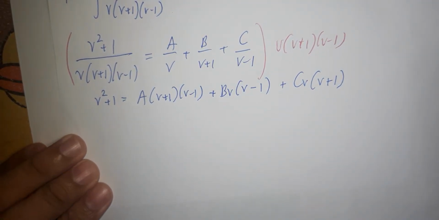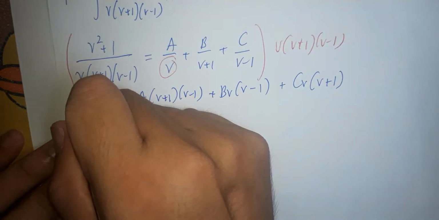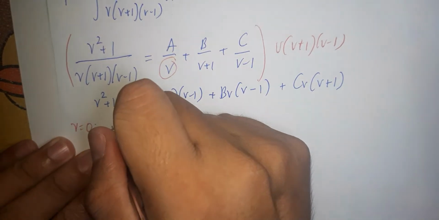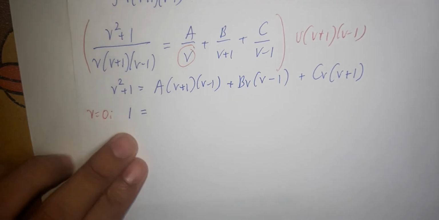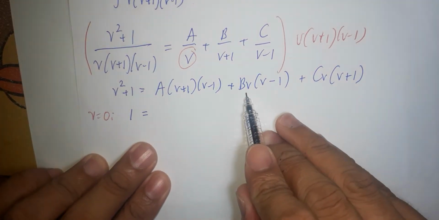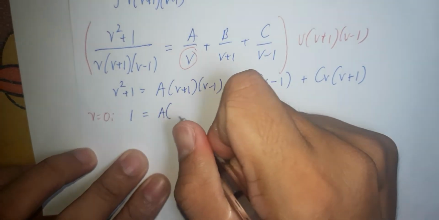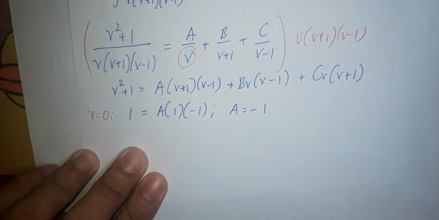So, to solve for the values of a, b, and c, equate natin yung first denominator to 0. If v is equal to 0, gives 0 plus 1 is 1 equals 0 squared plus 1 is 1 equals b times 0, 0, c times 0, 0. Then you can solve for the value of a. That's 1, negative 1. Then the value of a is negative 1.